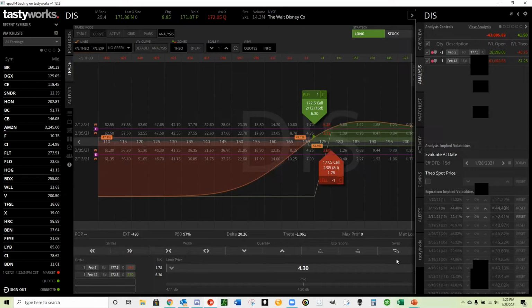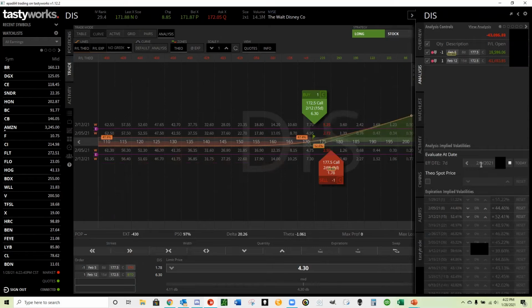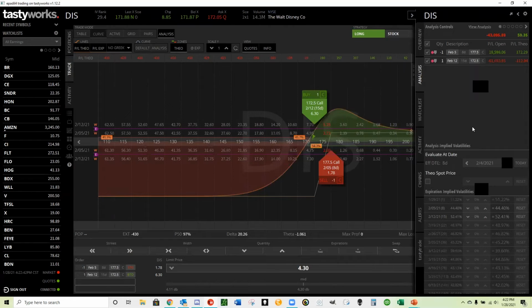But in addition to that, if you click through those days, you'll also see the increase of the curve here. So it becomes more and more profitable as we come to that last leg of the expiration. So we're taking advantage of that phenomenon as well. It's overall a great strategy.